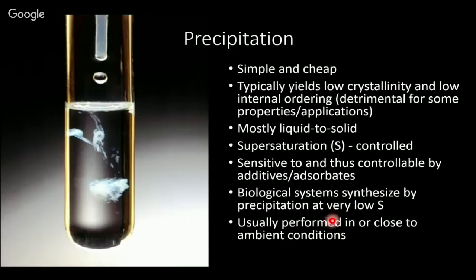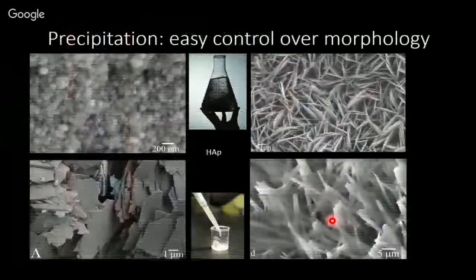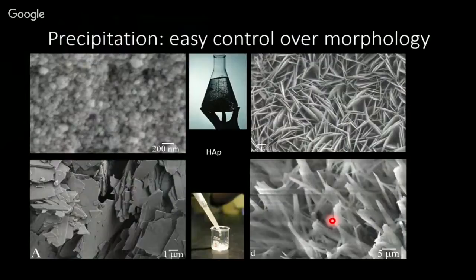They're typically performed at room temperature. And this is one of the coolest things: you can really control the morphology of the particles easily by controlling the supersaturation, the presence of additives, or the rate of addition of reactants, like how quickly you increase the supersaturation.